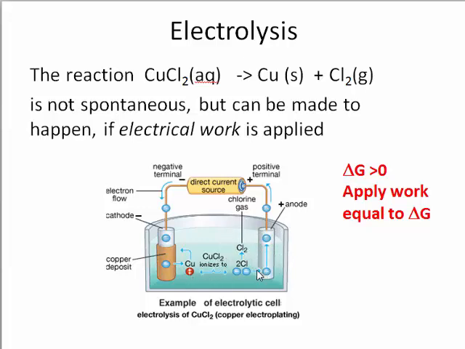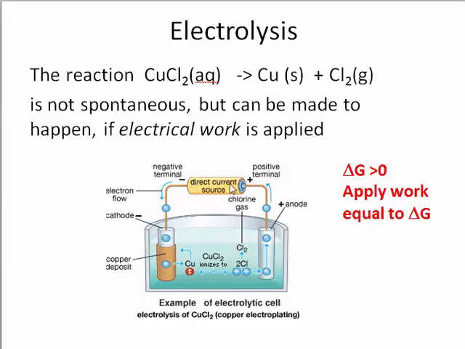Meanwhile, over here, copper has electrons added to it at this electrode immersed in the water called the cathode, and the illustration shows solid copper depositing on the cathode. Electrons are removed at the anode, flow through this circuit, and are deposited at the cathode.